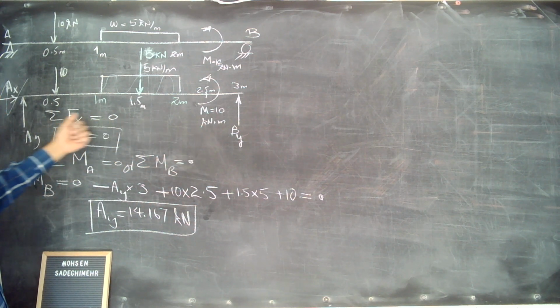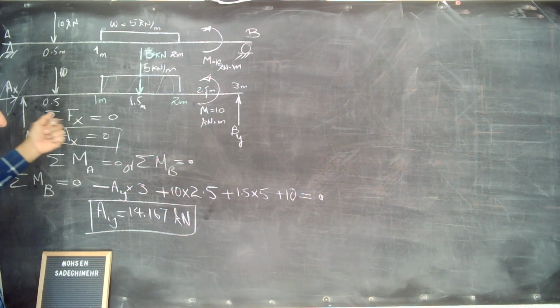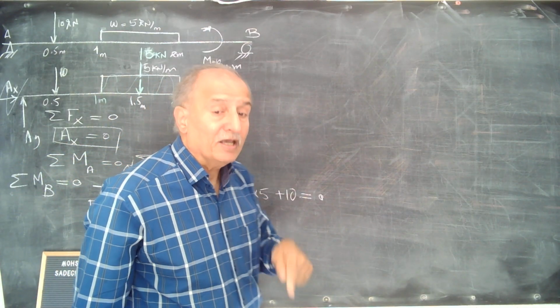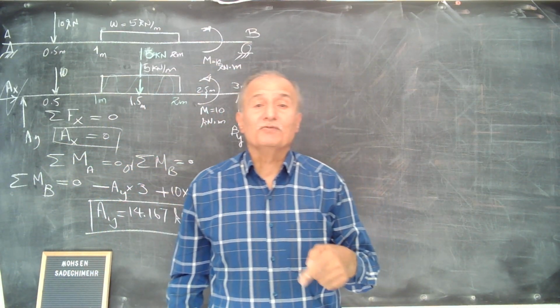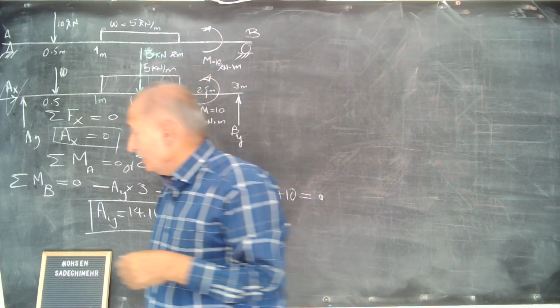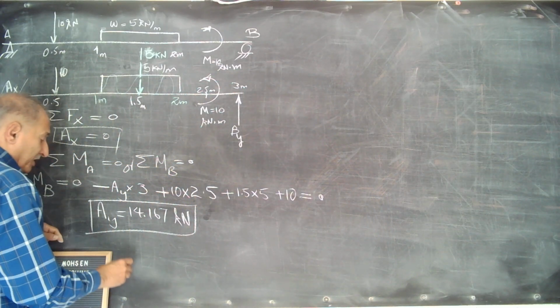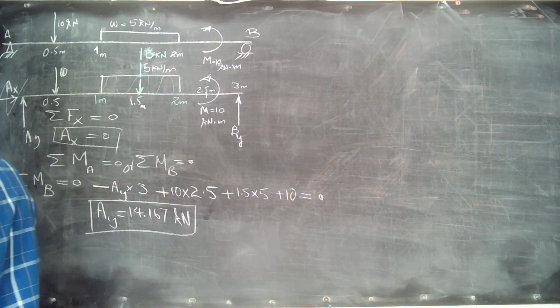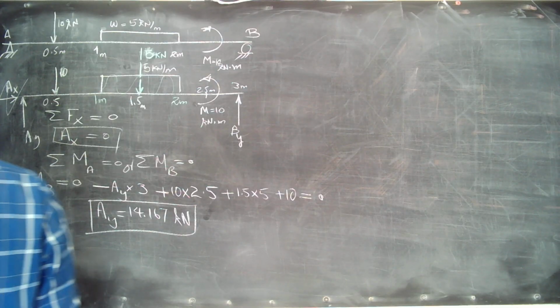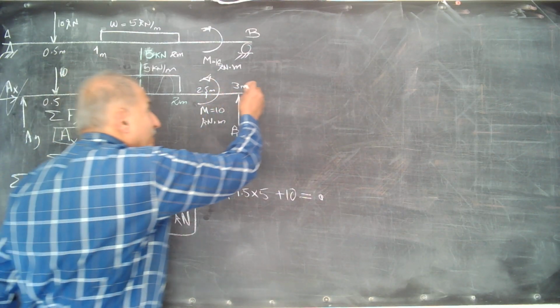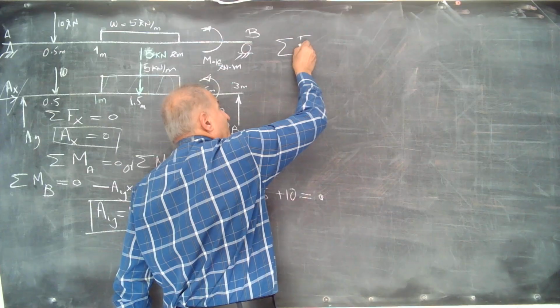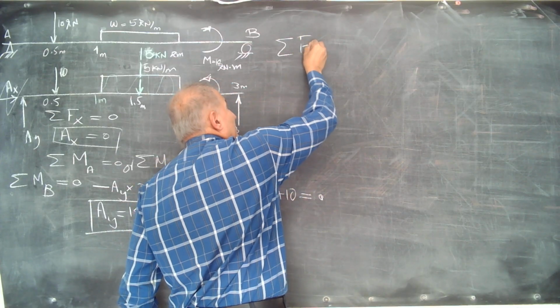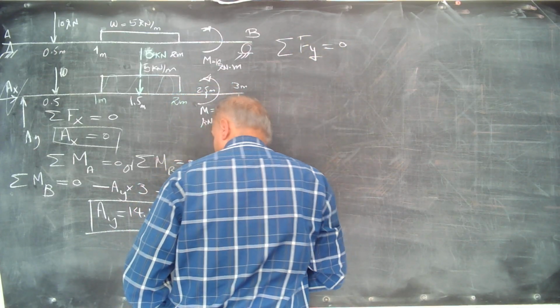If you want Dy, you can take moment about Ay, one method. Another method is to use summation of forces in y direction is 0. That's better and faster. Then, if I write, let's move this one. I can write here, summation of forces in y direction is 0.